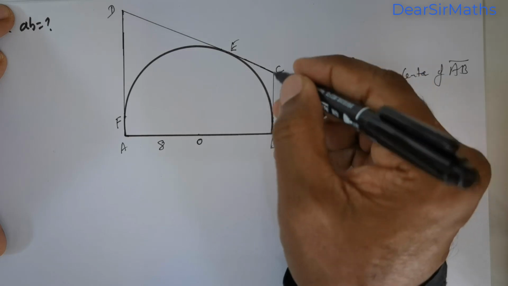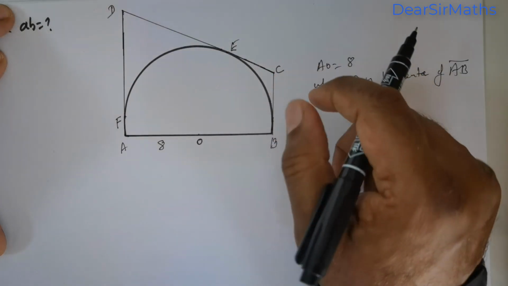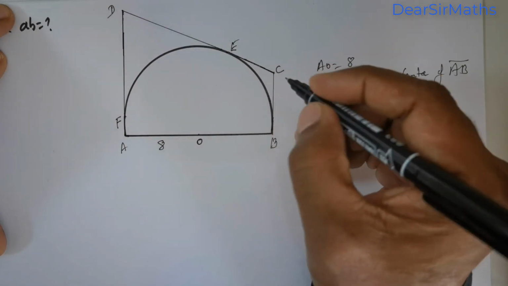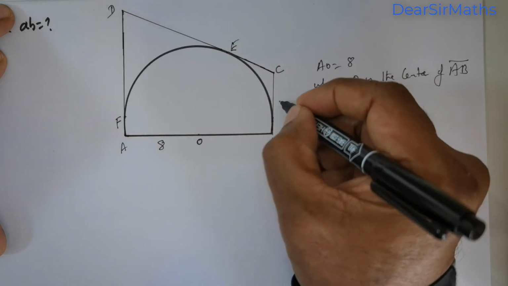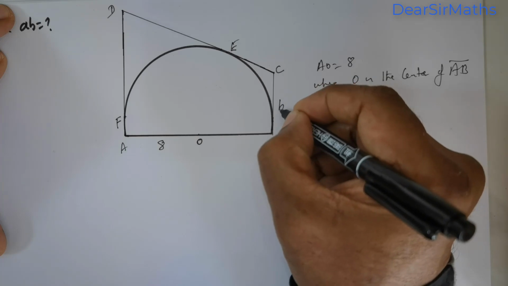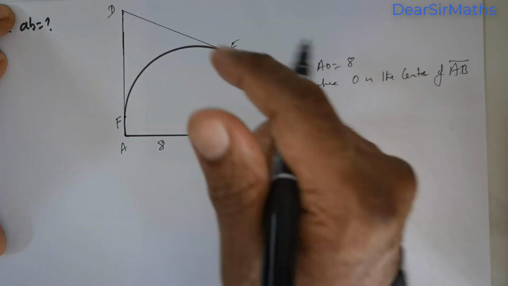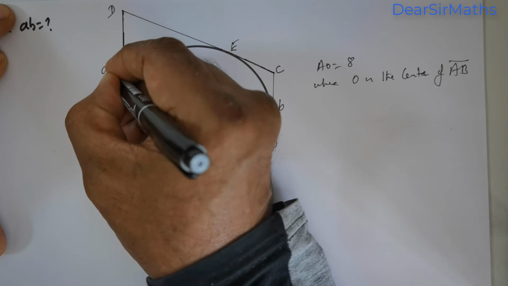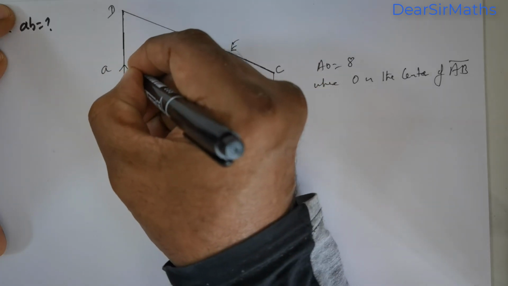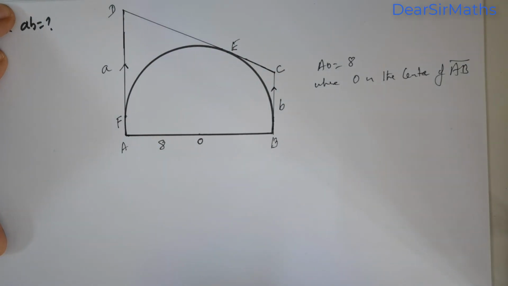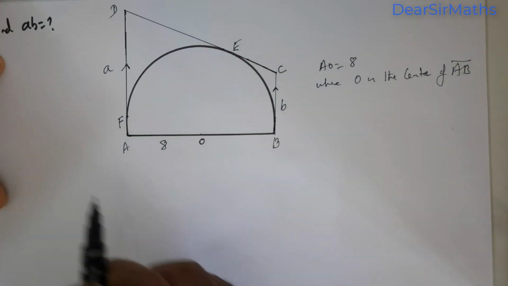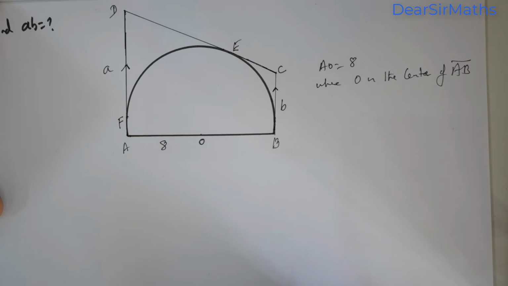Now we've been given the two lengths, the two parallel sides. This length is B units, this entire length is A units. So that is given. We are expected to find AB.